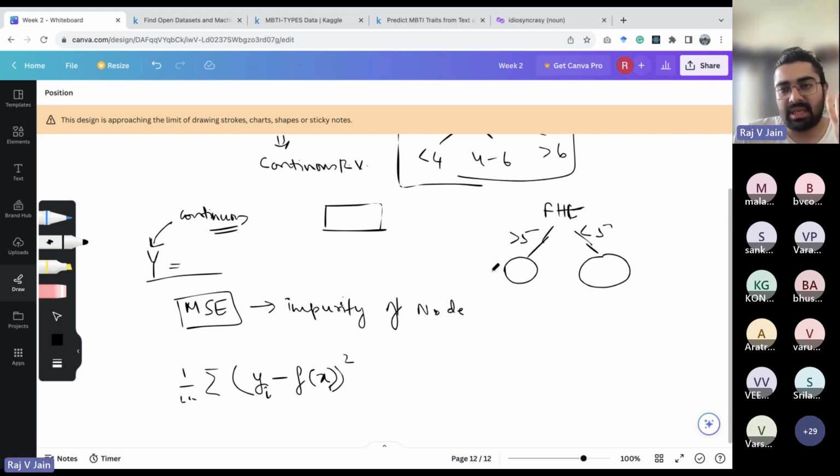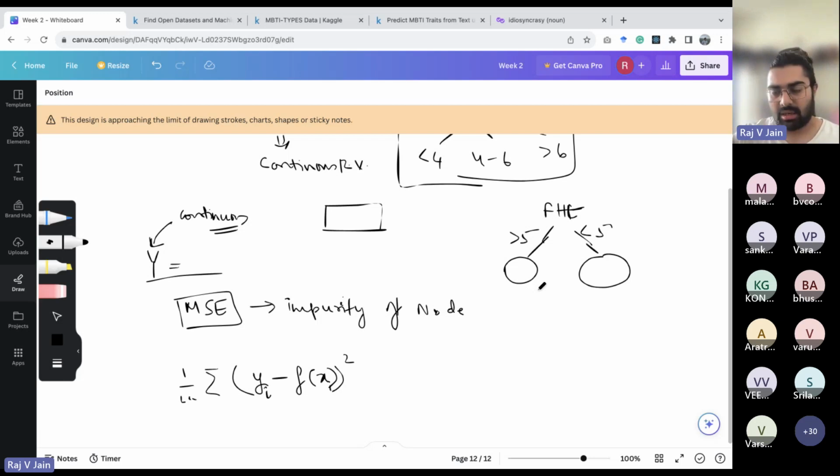Let's say I want the MSE for this node. How do I get the MSE now? Do I have the true values? True values you have, but you don't have predicted values. That's the issue. I don't have the predicted values.